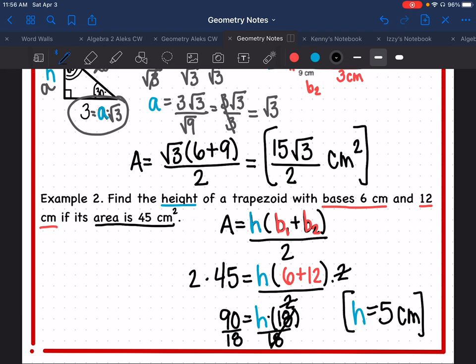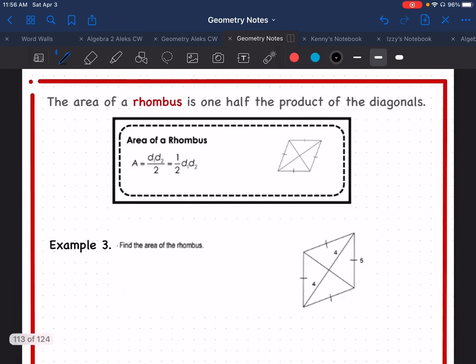All right, let's move on to our rhombus. The area of a rhombus is 1/2 the product of the diagonals. Notice in our formulas, there are 2 of them. You see the one that's written there, 1/2 times D1 times D2, or we can think of it as D1 times D2 divided by 2.